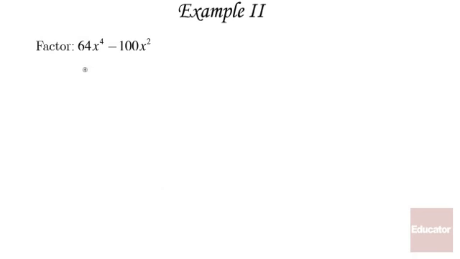Okay, in this second example, I see that I'm working with some pretty big numbers, and so I definitely want to look for a greatest common factor because that's going to make this much easier to work with. So 64x to the 4th minus 100x squared. In terms of the numbers, I do have a greatest common factor of 4.